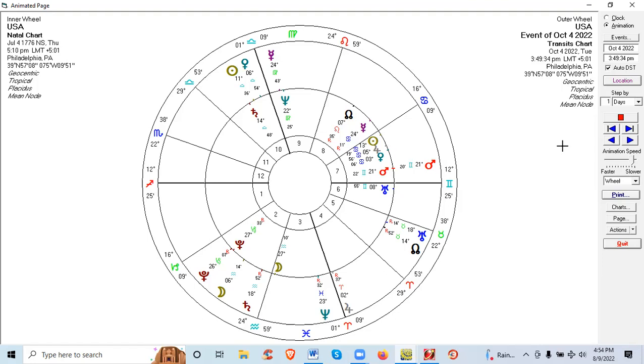All right, what else do we see? Let's look around. Oh, so Sun. Sun would be squaring the sun. We've got the sun at 11 degrees Libra, transiting, squaring the United States sun at 13 Cancer.